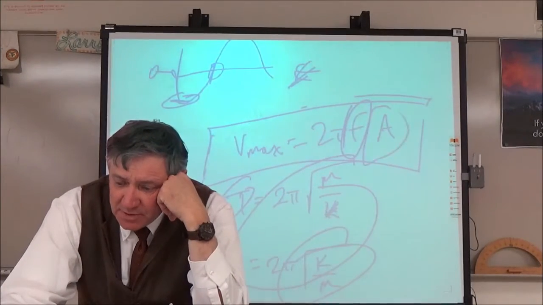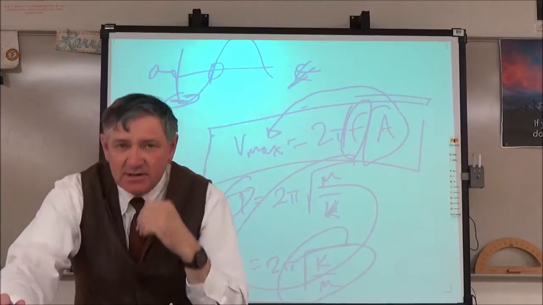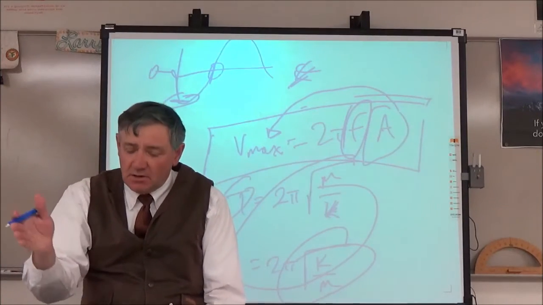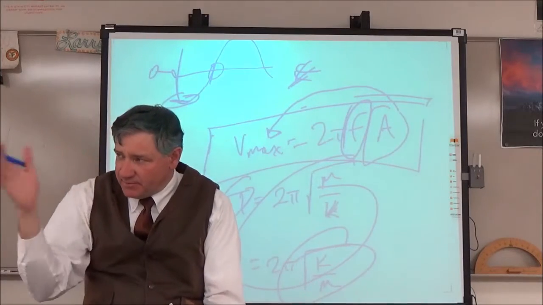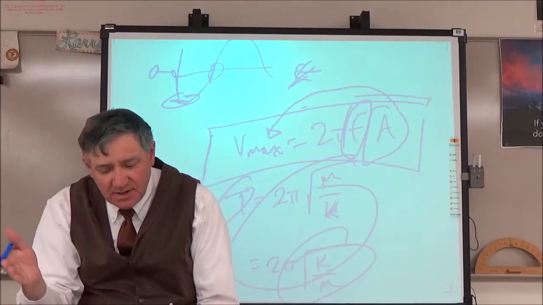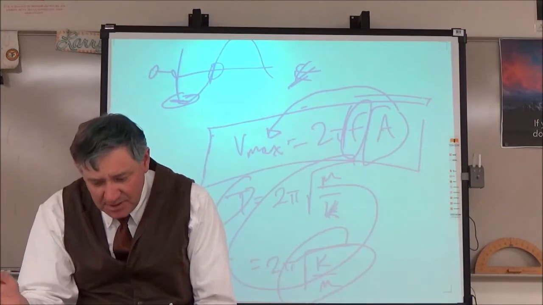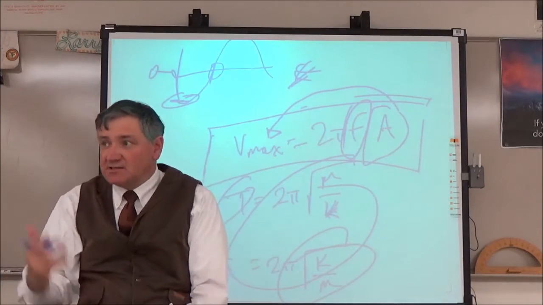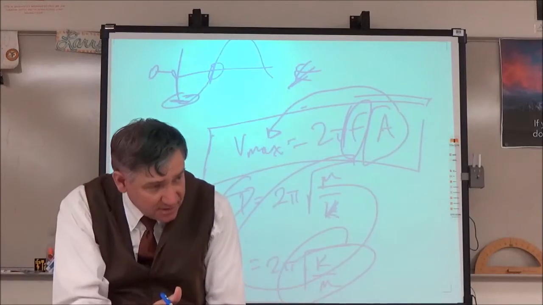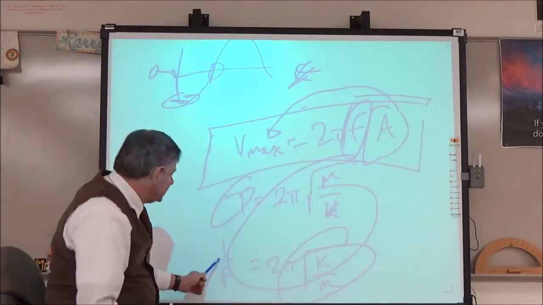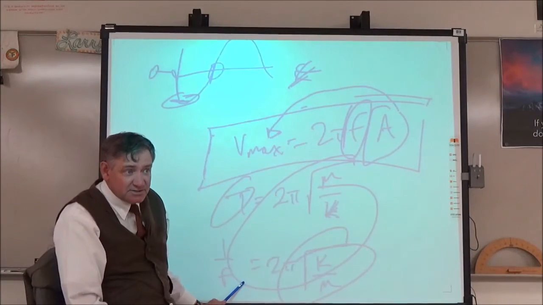But amplitude does impact your maximum velocity. If you look at this in terms of a pure mathematical situation, I'm going to make the amplitude twice as big. What impact would that have on Vmax, assuming the frequency was constant? We assumed that the frequency was constant because amplitude isn't impacting this calculation.